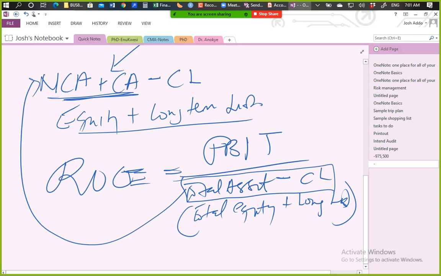Most of them will use this formula, but I'm also telling you that if the question lacks information about assets, and some questions can be so, you can get the same thing, total assets minus current liabilities, by looking at this window, total equity plus long-term liability. Because this is the top part of the balance sheet, and this is the down part of the balance sheet, and the balance sheet always balances, so this is equal to this.